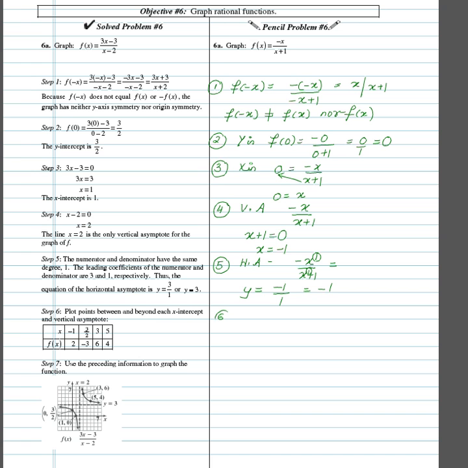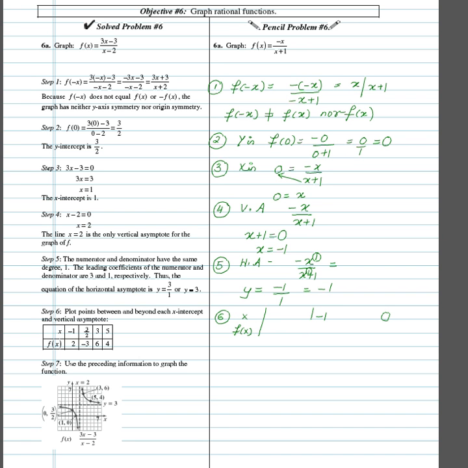My step 6 is to take points between and beyond the x-intercept and the vertical asymptotes. First, I'm going to write my vertical asymptote, which is -1, and my x-intercept is 0.